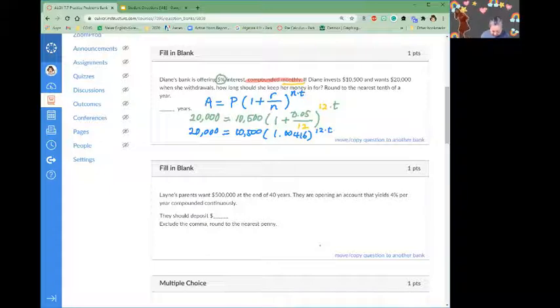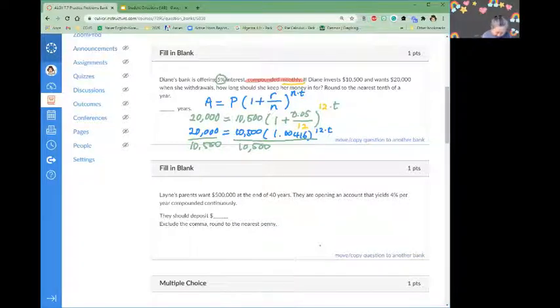Then the next step, in order to isolate everything else around the t, you have to divide this principle from the right side.